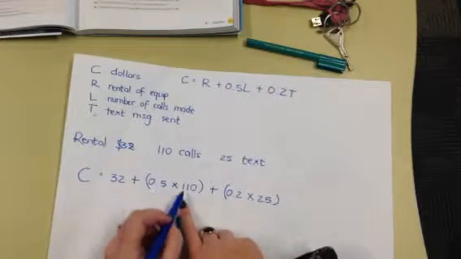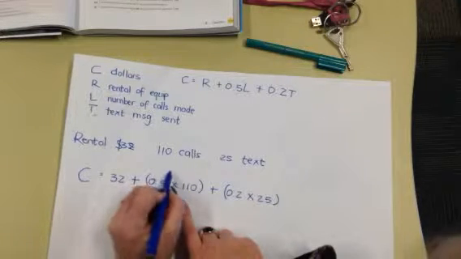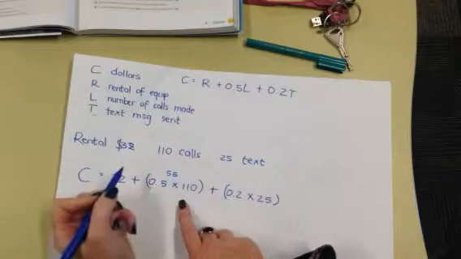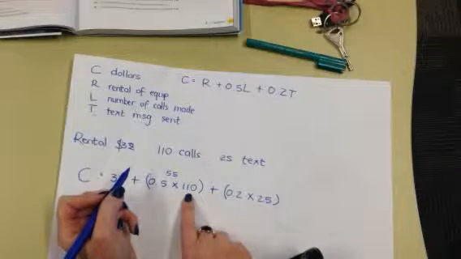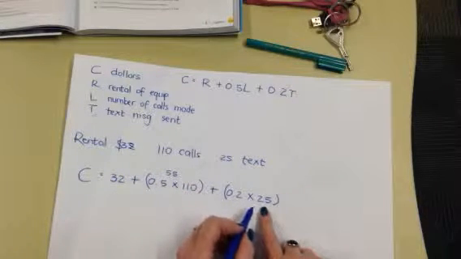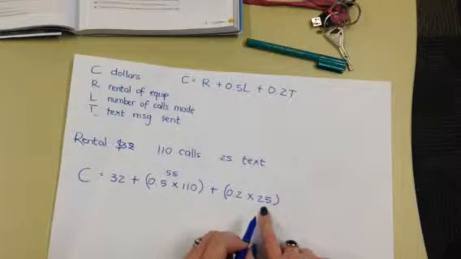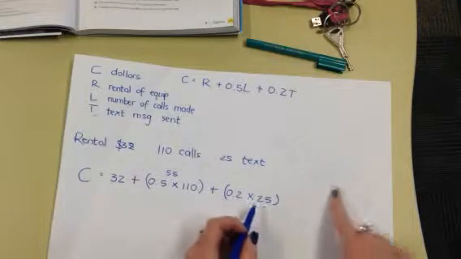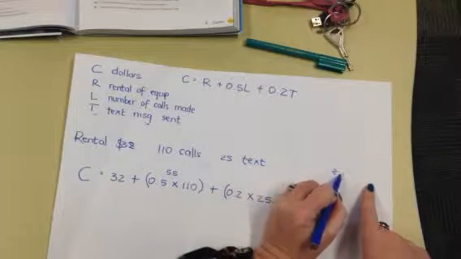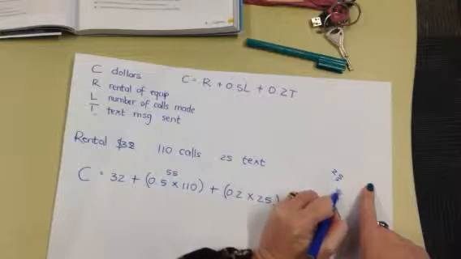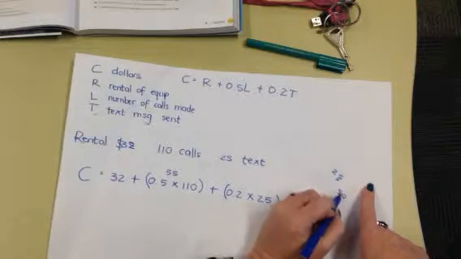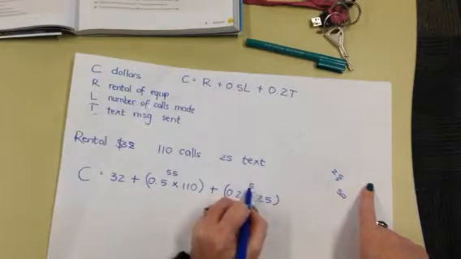So let's work out this. 0.5 times 110 is 55, because it's half of 110. And 0.2 times 25, let's just do that over here. 25 times 2 is 50, but there's one decimal place there, so the answer will be 5.